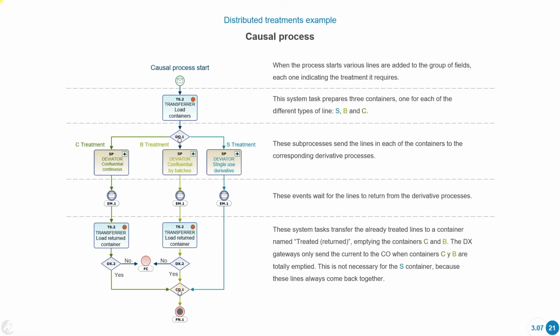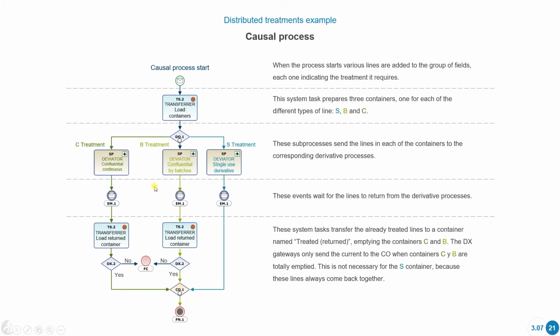Okay, so here we understand more or less how this thread goes, but all the other ones are quite similar. For example, if we have lines in the container B, we're going to deviate those lines to another process, and then we're going to stop the flow here and wait for those lines to come back. In this case, it says that it's a confluential process that manages these lines by batches.